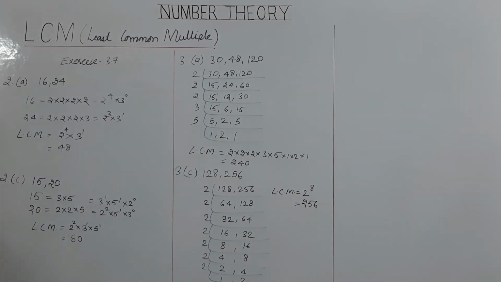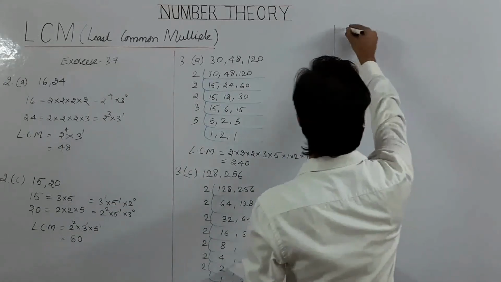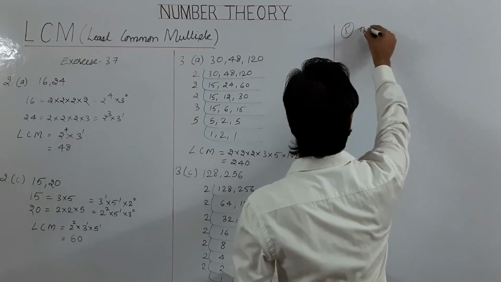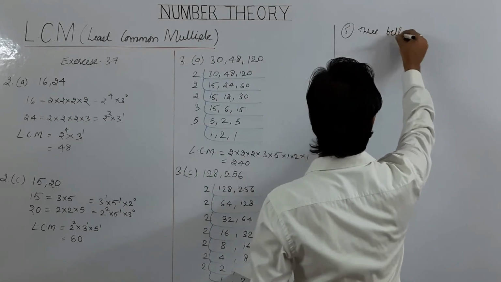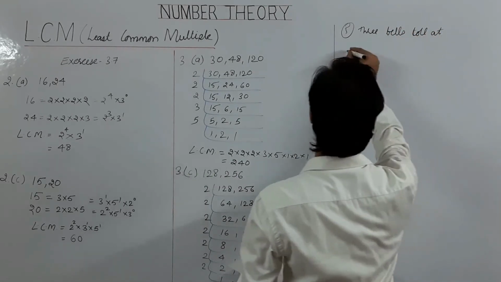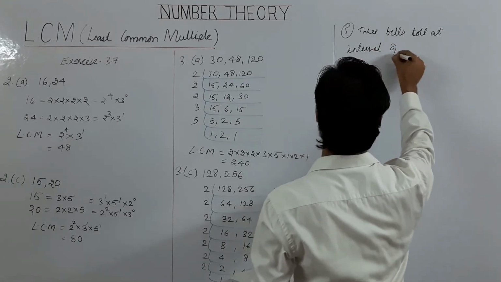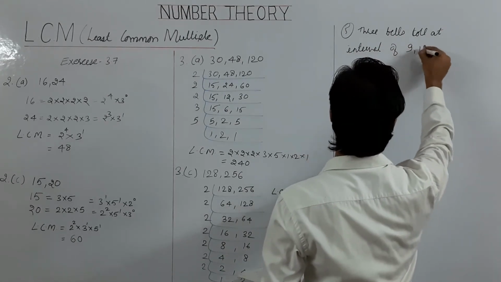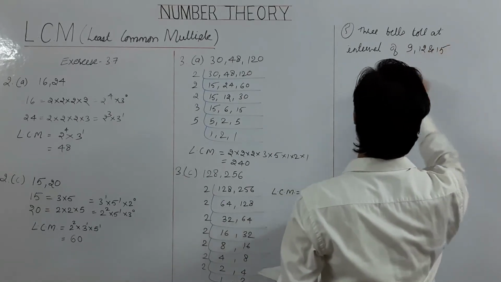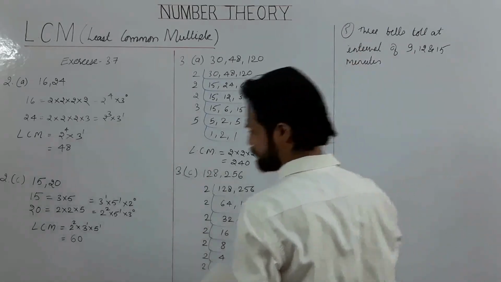Next, question number 5. 3 bells toll at intervals of 9, 12 and 15 minutes.